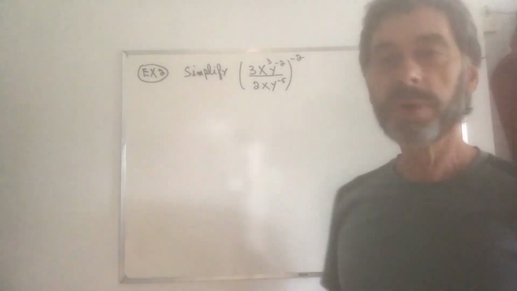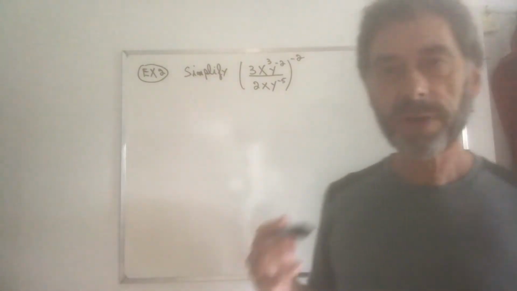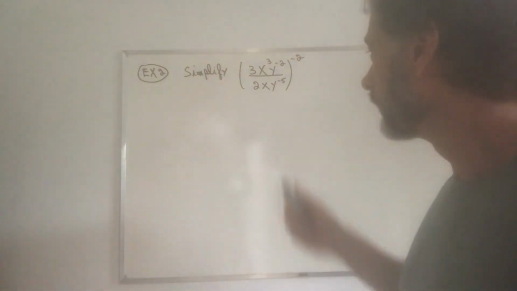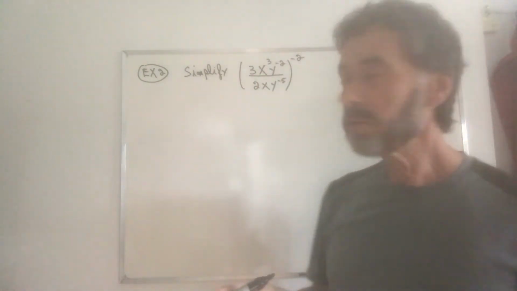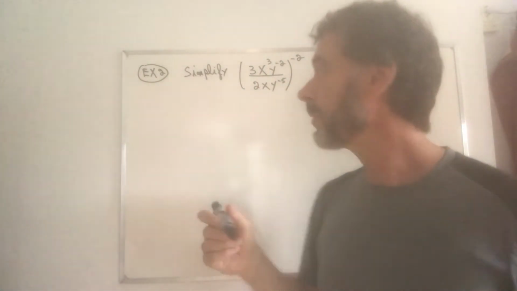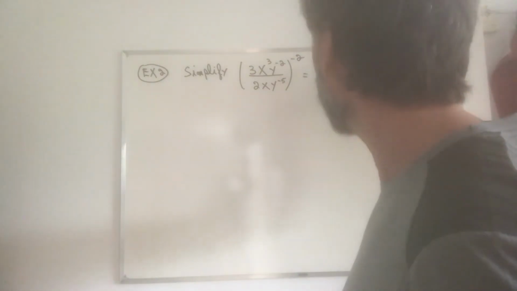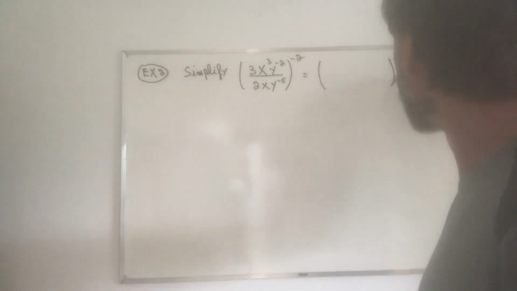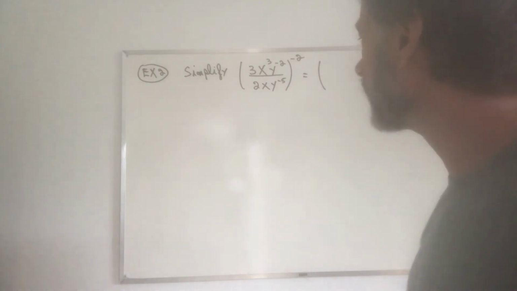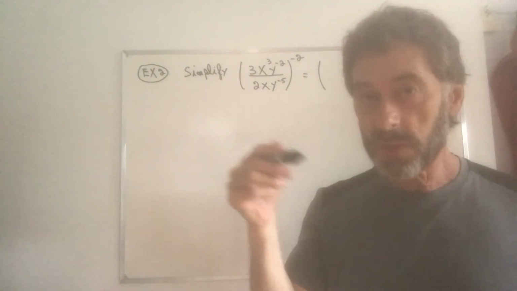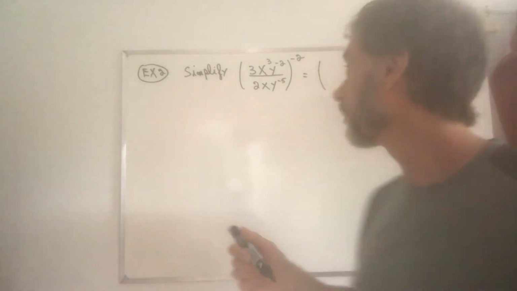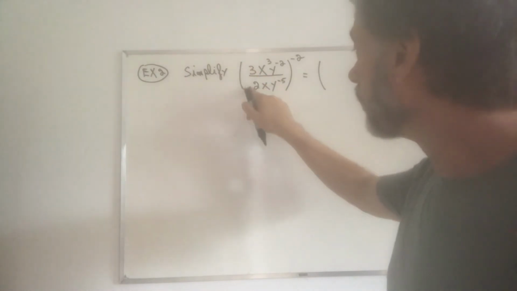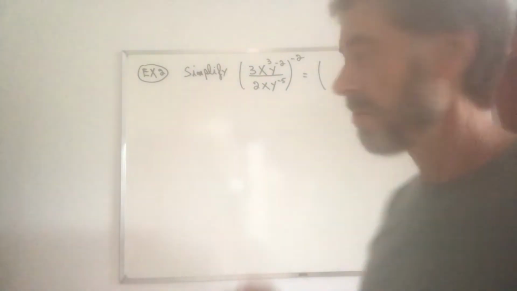So, what shall we do first? What do you think? Deal with the inside of the bracket and then deal with the outside exponent? That probably would be a good strategy. So let us save that exponent outside, negative 2, for later. Let's see what we can do within the bracket. Can I cancel 3 and 2? Nah.